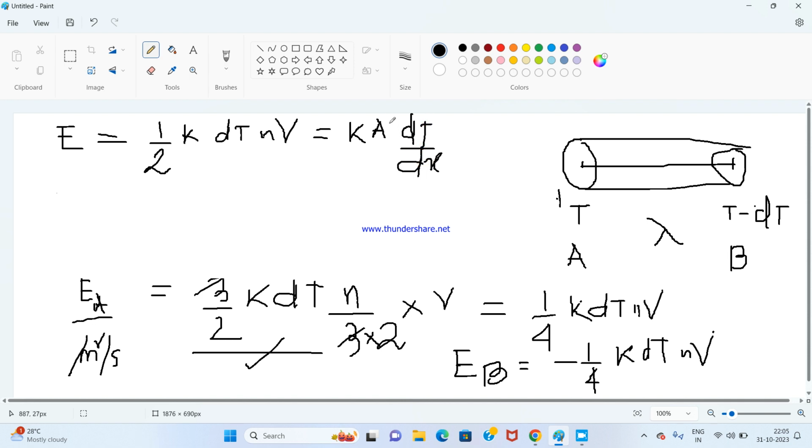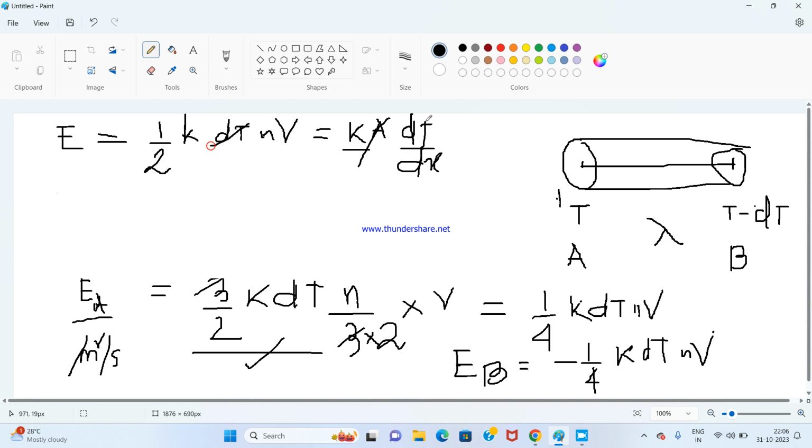Anyway, this A is 1 because it is unit cross section on both sides. So now this half K, this K is capital K, it is thermal conductivity, and this K is small k, which is the Boltzmann constant. So now we can say half small k dt nv is equal to capital K dt by dx.